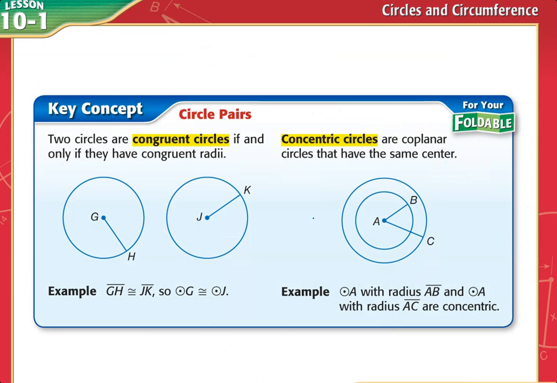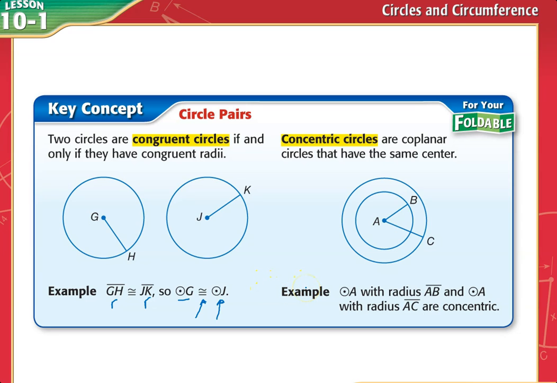Okay, we have some more key concepts. Two circles are congruent if and only if they have congruent radii. So we have segment GH, which is a radius, congruent to JK, which is a radius. Therefore, circle G is congruent to circle J. Then we have concentric circles.